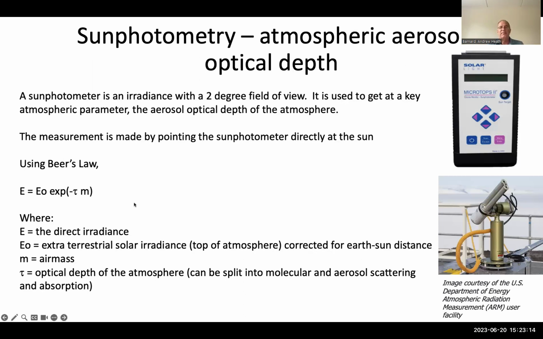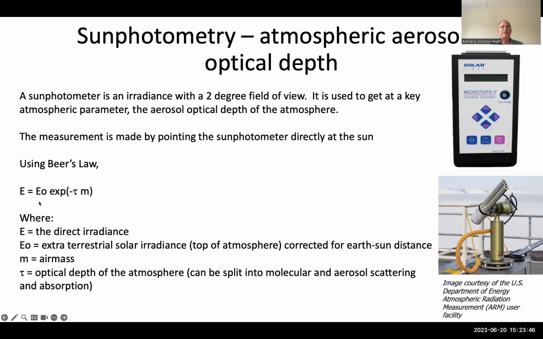By use of Beer's law, the irradiance we're measuring should be the irradiance at the top of the atmosphere, what's called the extraterrestrial solar irradiance, which has been predicted, and there are various models out there that correct for the Earth-Sun distance. It's measured occasionally to make sure those tables are kept with the lowest uncertainty.